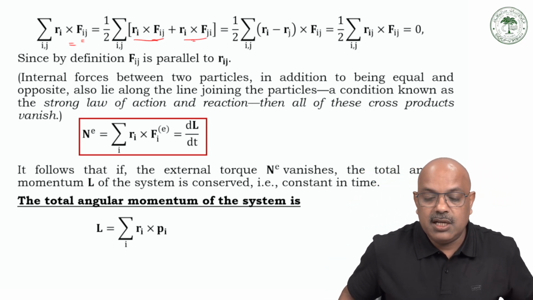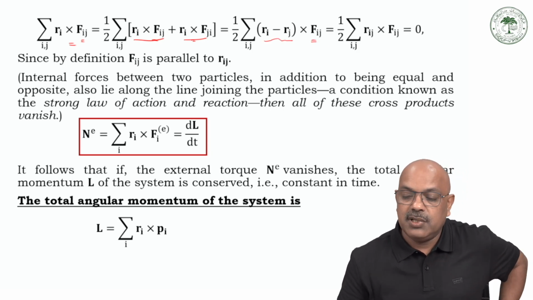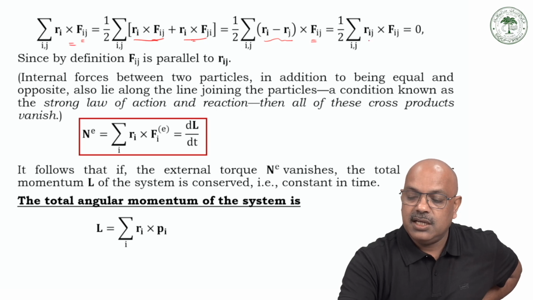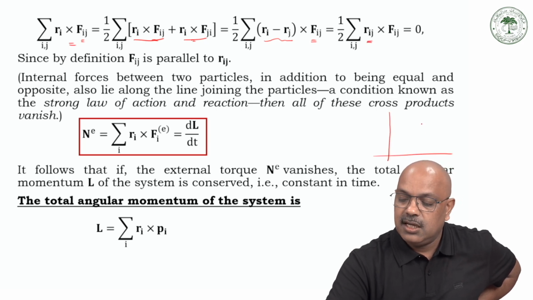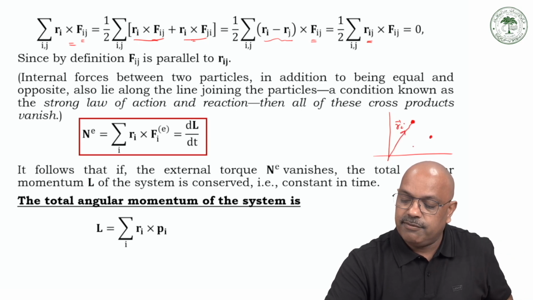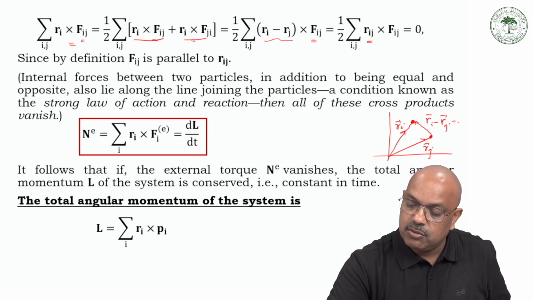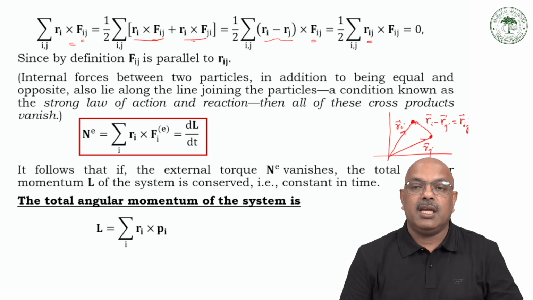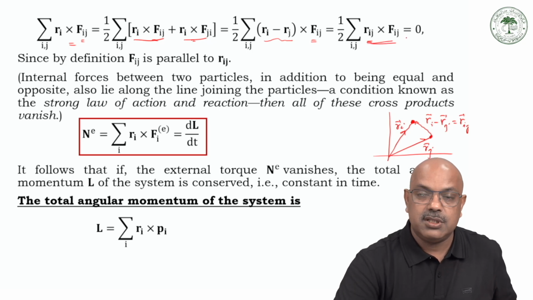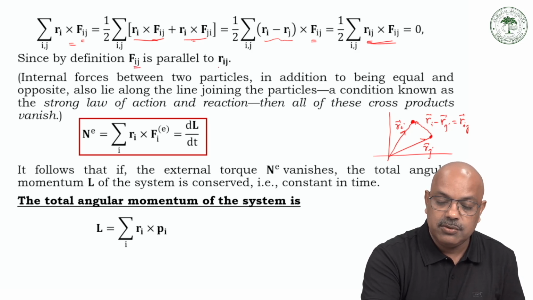So we can safely write this as Ri minus Rj times Fji. This Ri minus Rj is the Rij vector, because if I have the ith particle, this is Ri, and if I have the jth particle, this has the position vector Rj. So Ri minus Rj is Rij. This is going to be 0, since by the definition Fij is parallel to Rij.